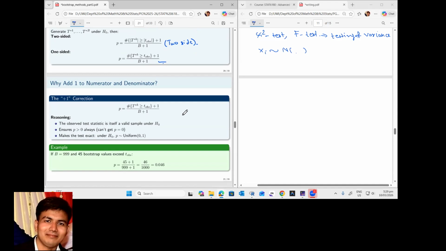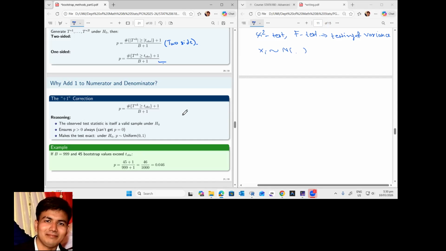Under H naught, the original sample is also a valid realization from the null distribution. By adding 1 to the numerator, we count the original statistic as one of the extreme ones, and adding 1 to the denominator counts the total number of samples considered. We treat the original sample as one of the B plus 1 draws from the null.